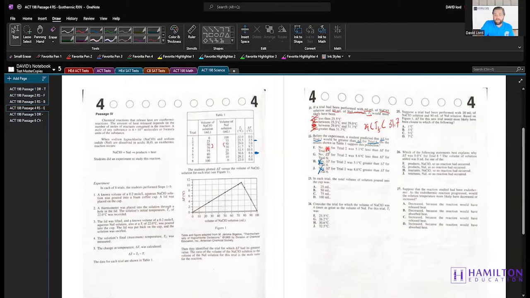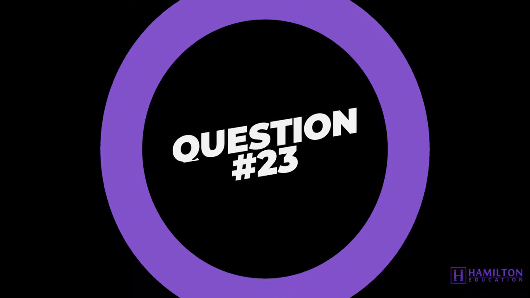So F, no, the delta T for trial 2 was 5.1 less than the delta T for trial 6, or the delta T for trial 2 was 8.6 less than the delta T for trial 6. Well, 3.5 is about 5.1 less than, so that is why I'm going to go with answer choice F here. Question number 23.